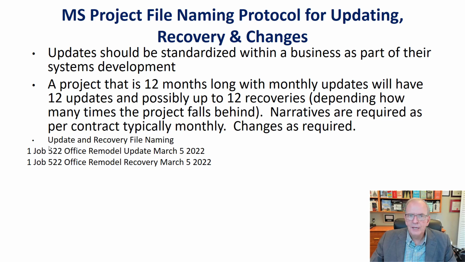You have some sort of job name. Everybody has a job name for accounting purposes that they can track their projects. And then you've called it either by project or by client or by address, some sort of name. And now you want to clarify, this is a key word here, update. And what was the date? So what was the status date that we did that update on, like I just showed you in Microsoft Project?